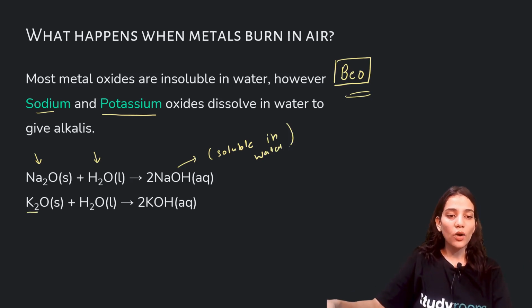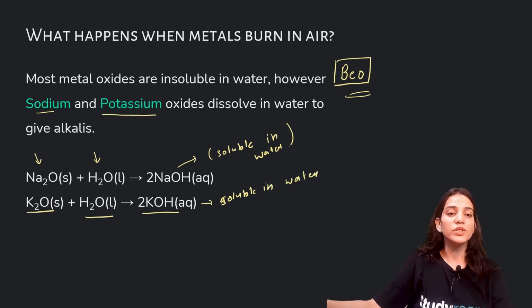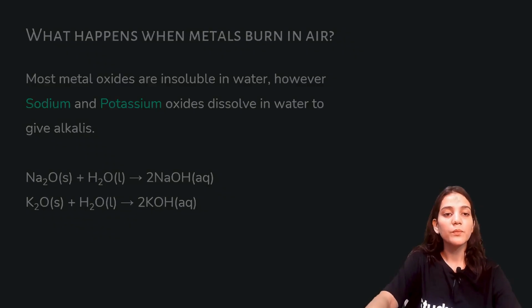Whereas potassium oxide plus water produces potassium hydroxide, which is again soluble in water. Alkalis are basically the bases which are soluble in water.